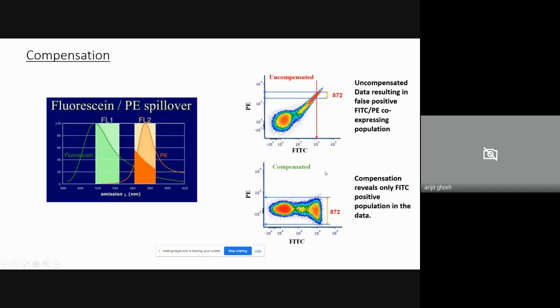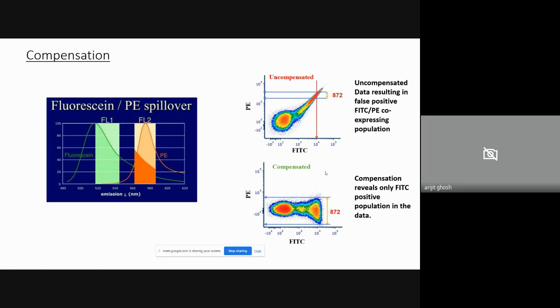Now, what is compensation? There are different fluorochromes. Compensation is also a very important part of flow cytometry. Compensation is basically the spillover of signals due to the overlapping of emission spectra of different fluorochromes.